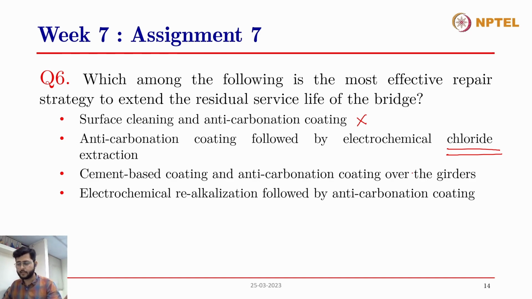I mean, it might help in restoring the passivity of the rebar location, but this is not the best or the most effective method to go with, because this is not a case of chloride induced corrosion. The amount of chloride that we will be able to draw will be very little. Therefore, this is not the right way to go.